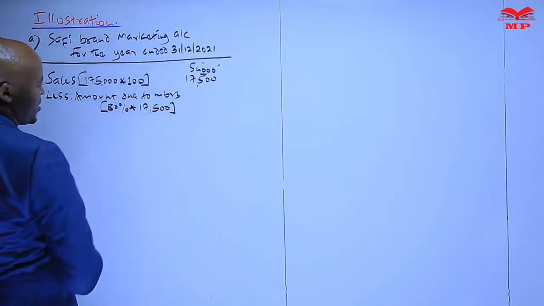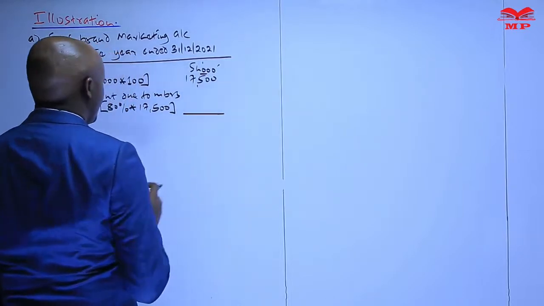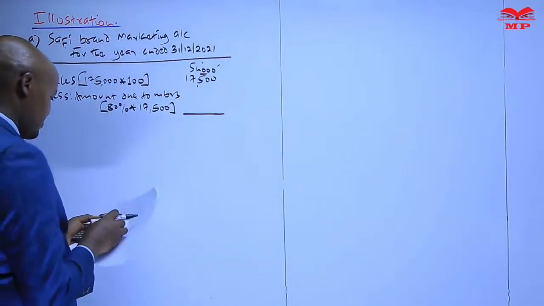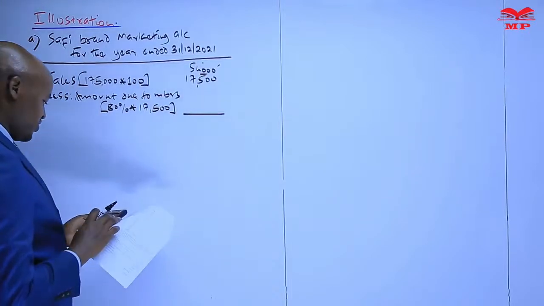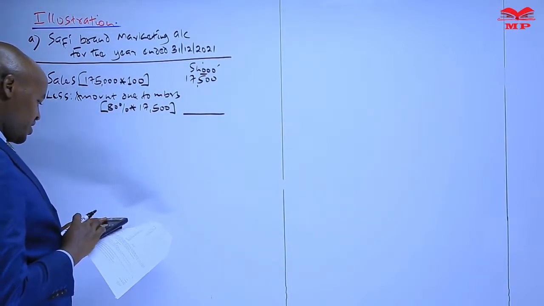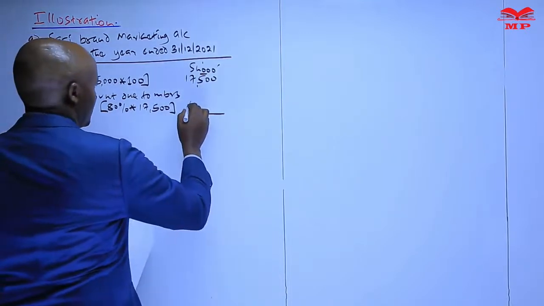That is because we are told the cooperative society is supposed to retain 20%. So what is 80% of 17,500? That gives us 14,000.